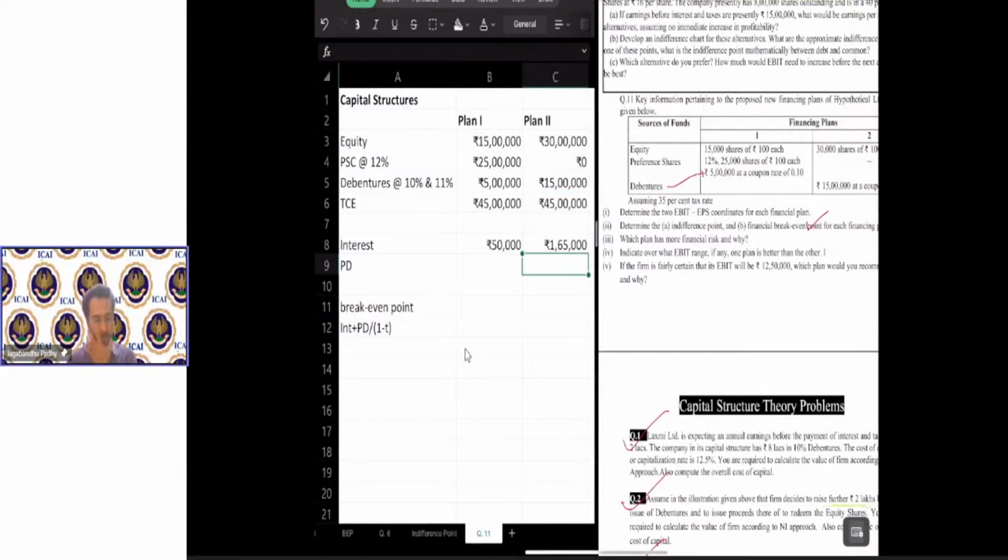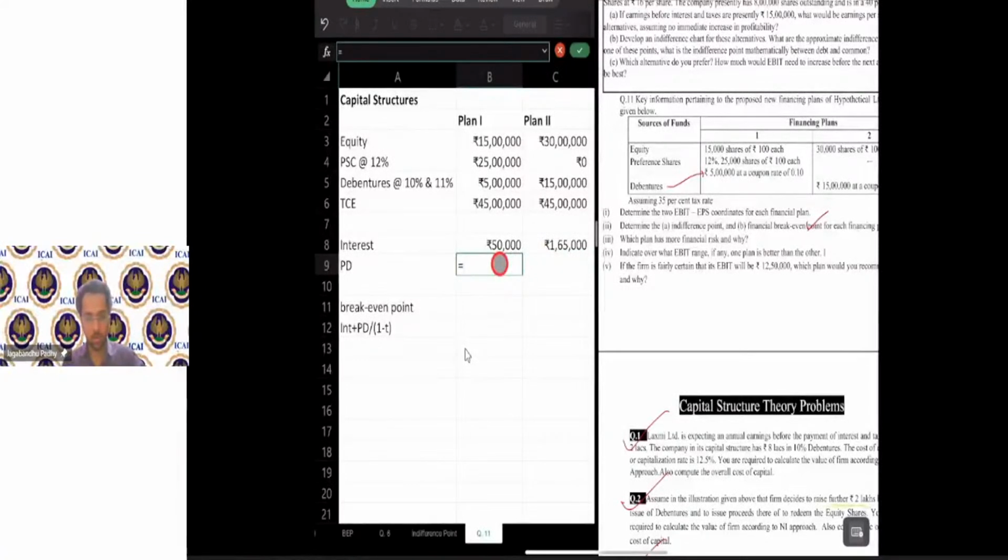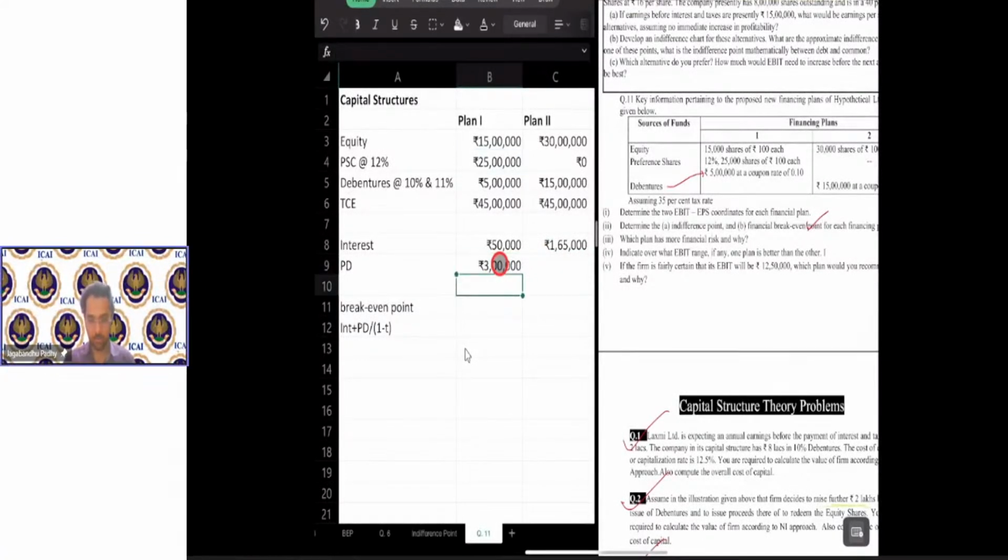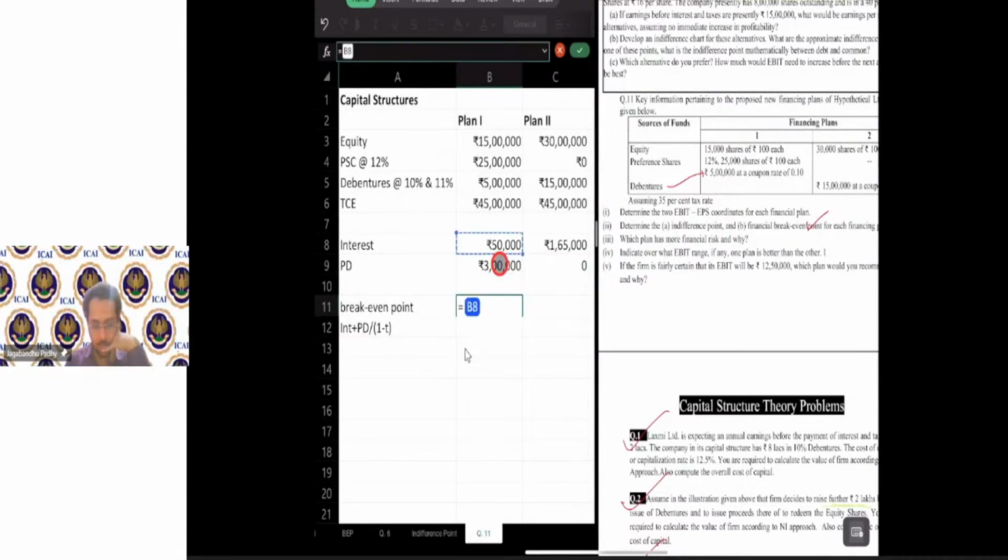And preference dividend, here it is 25 lakh multiplied by 12%, and here it is no preference. Now, the break-even point, going by this formula, is the interest plus preference dividend divided by 1 minus tax rate. Tax rate is 35%.